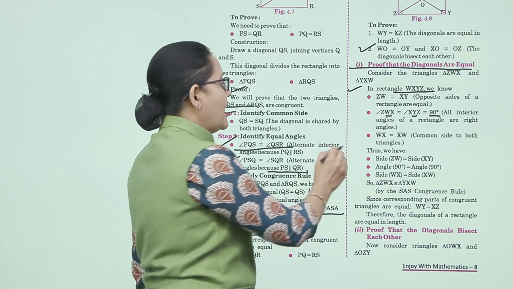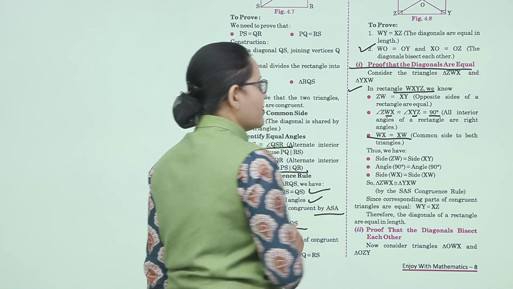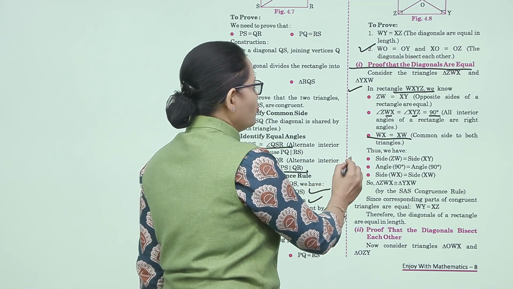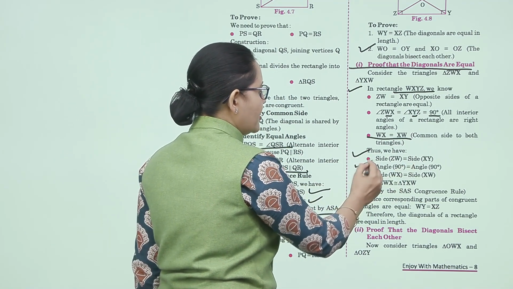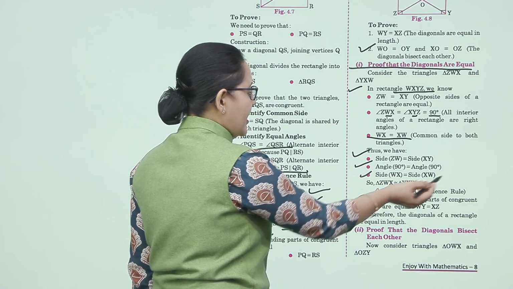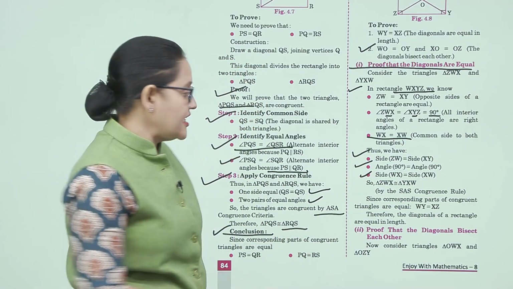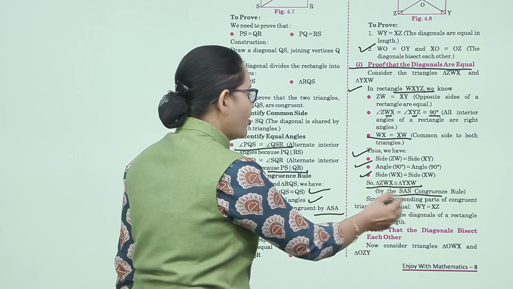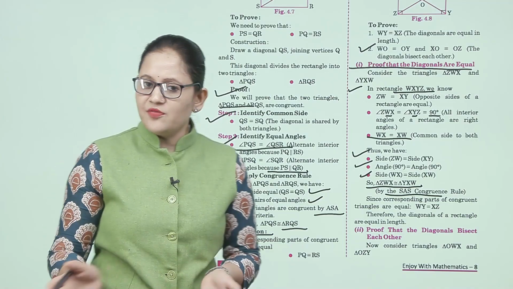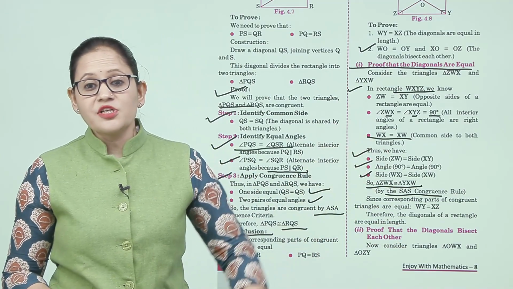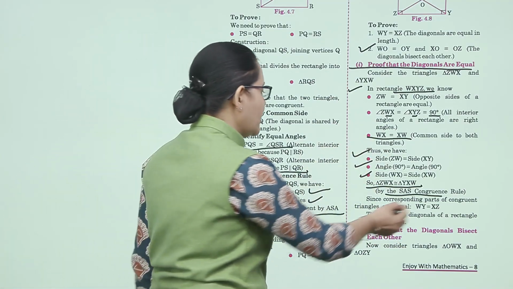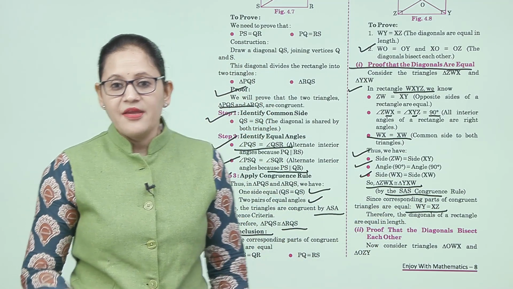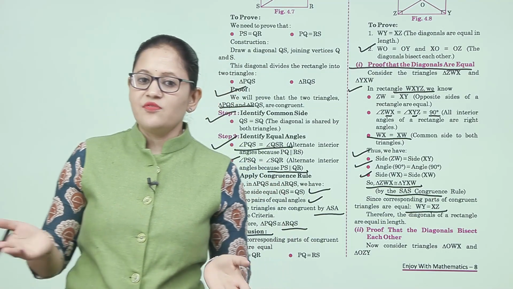WX equals XW, the common side of the triangles. That means two sides are equal, the included angles are equal, and the common side is equal, so these two triangles are congruent by the SAS congruency rule. Since corresponding parts of congruent triangles are equal, we can say WY equals XZ. Therefore, the diagonals of a rectangle are equal in length.